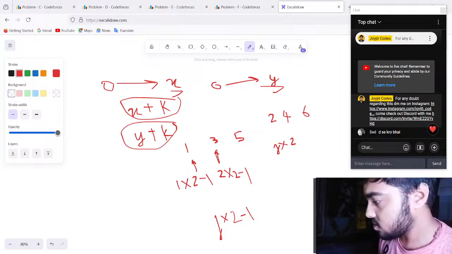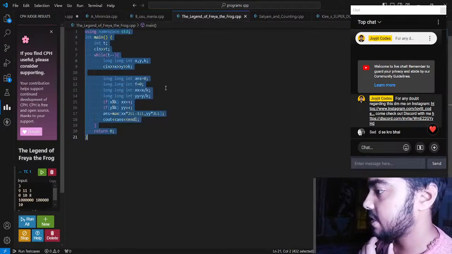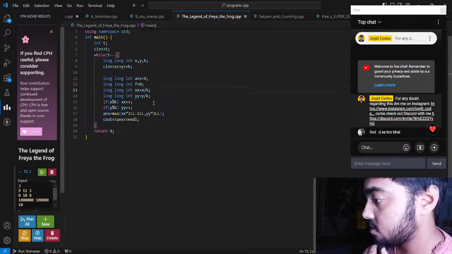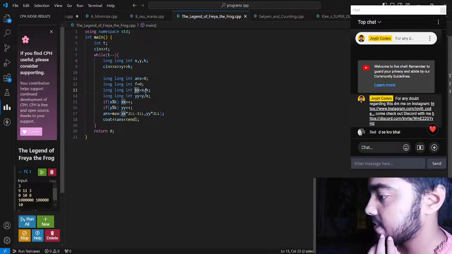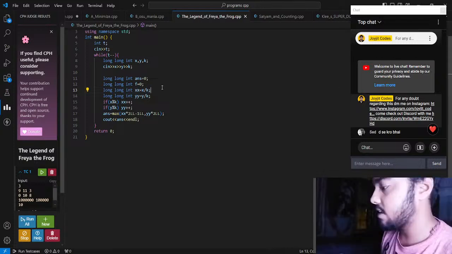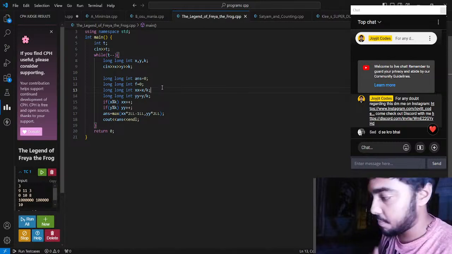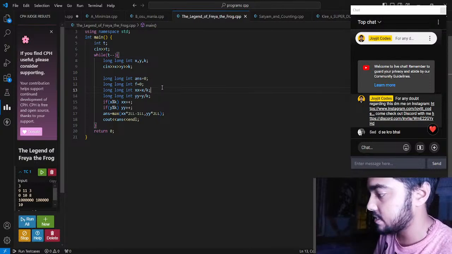Okay, I'll go through the code real fast. There was a problem that the server was not responding perfectly. So first we count the number of jumps, that is x by k. If you can jump k times in one operation, then to jump x length, you need x by k jumps, and similarly for y also.